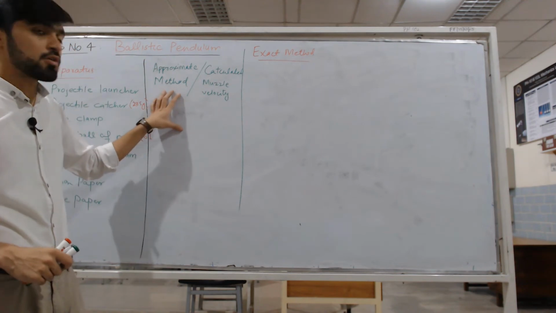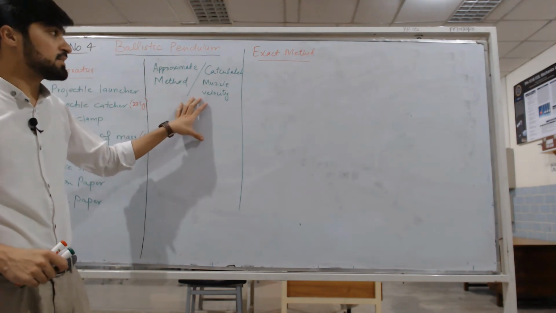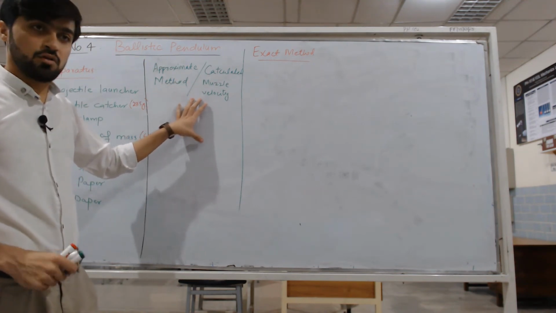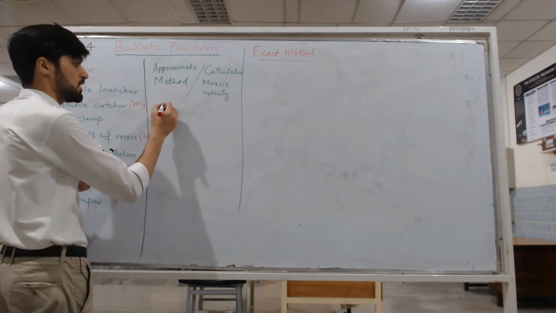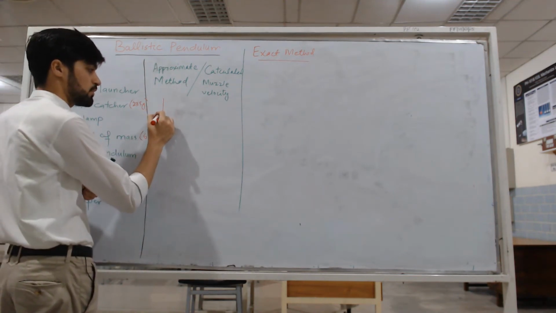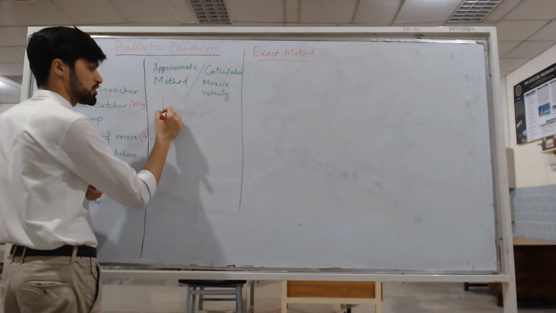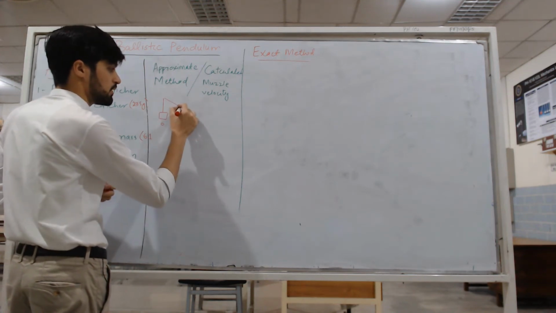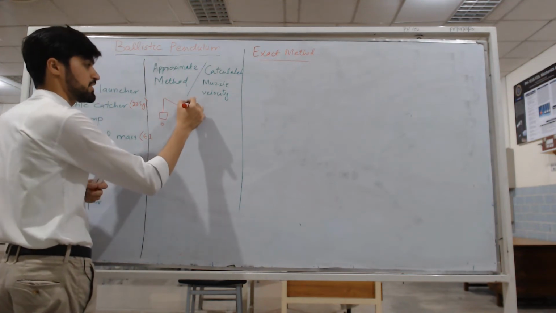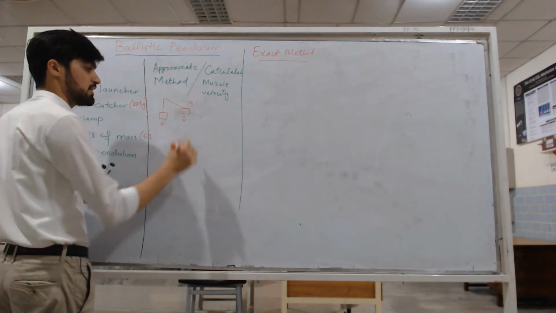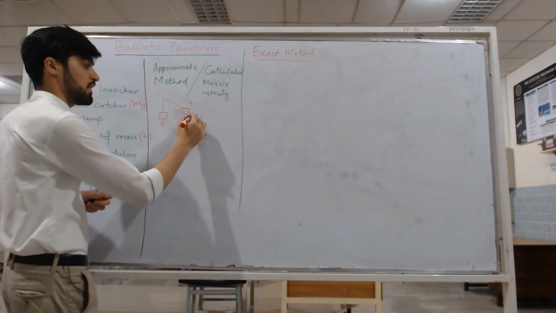So actually the approximate method is exactly the same as the calculated muzzle velocity. We can simply calculate it when the pendulum moves from its initial position, the mean position, to some other position, let's say B, by covering a vertical distance of h.